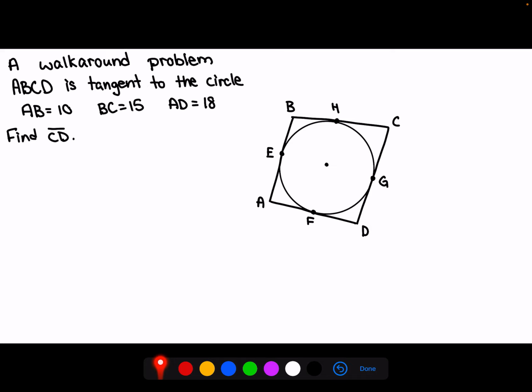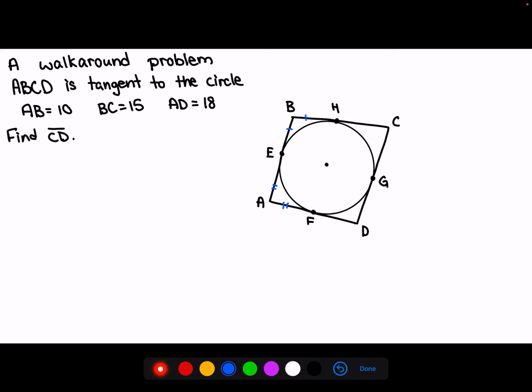Now, as a result of this, because these are points of tangency and these are tangent lines, they therefore share a common endpoint. And since these tangent lines share a common endpoint, that makes these pieces congruent to each other.